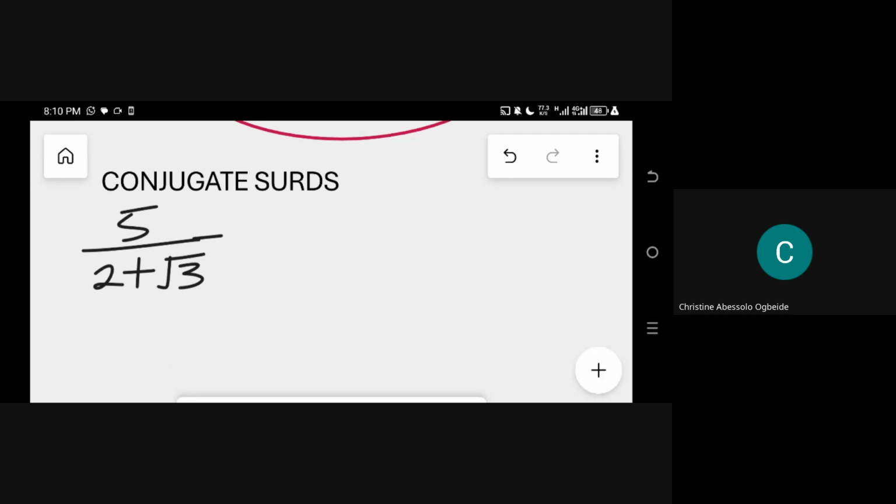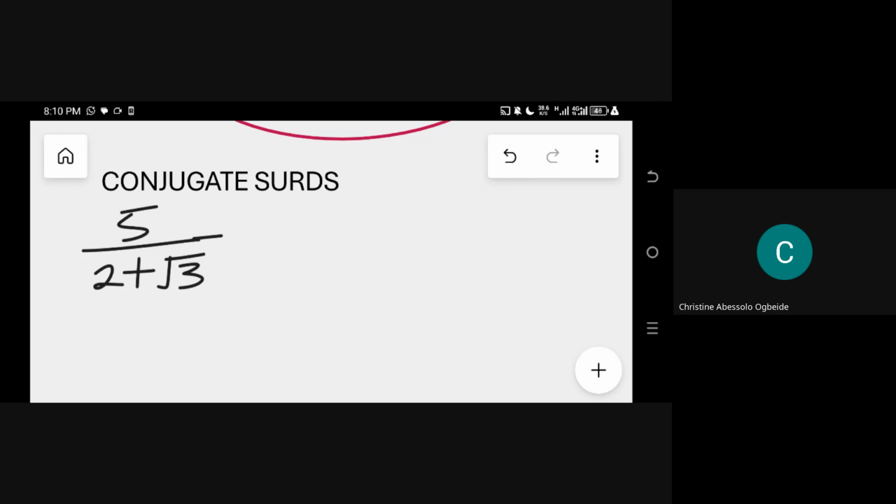You can see that we have a root at the denominator, which makes it irrational already, so it's not proper that the root is there. But in this case, the denominator is a whole number added to a surd. If these were letters, you would say it's an expression.